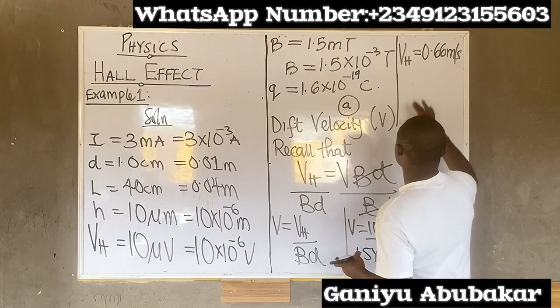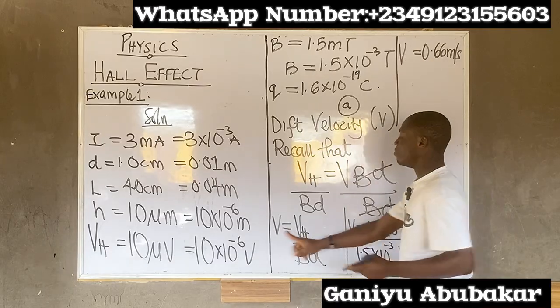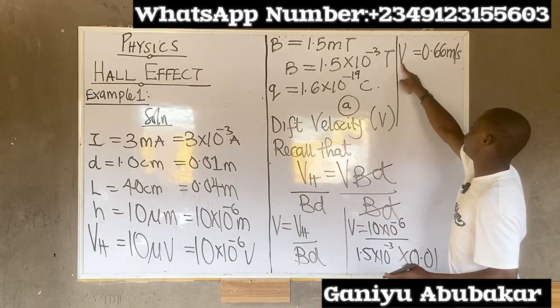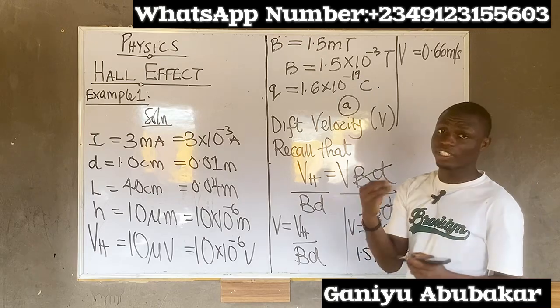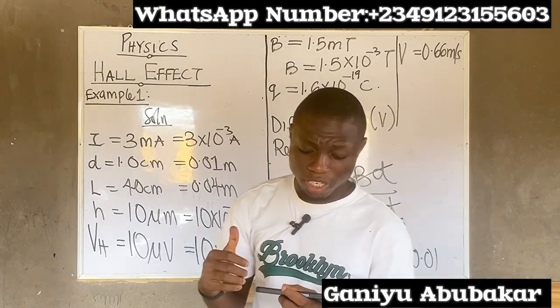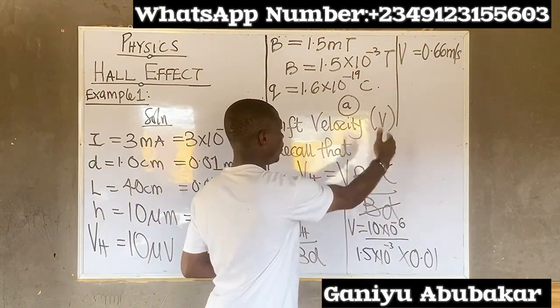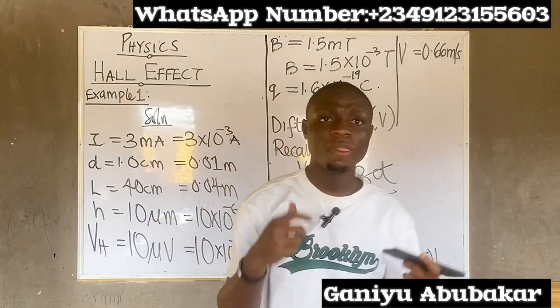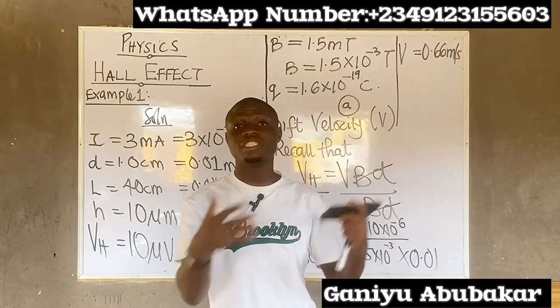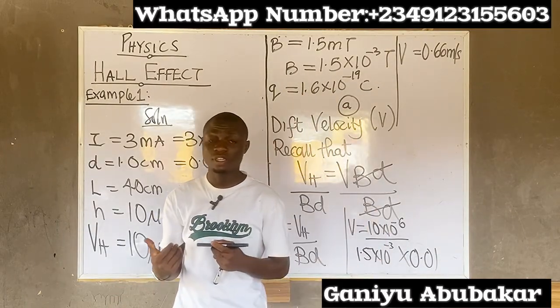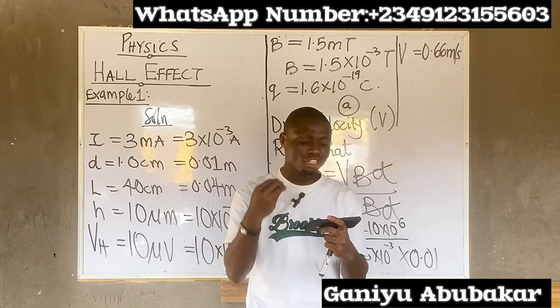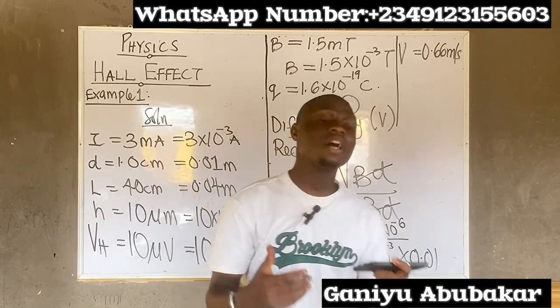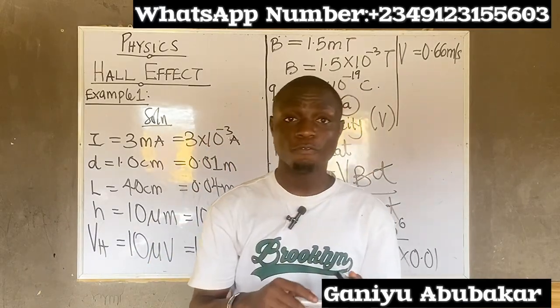Sorry, not VH, please, it's v. I'm asked to find v. So velocity is in meter per second. So I have 0.066 meter per second as the value for the velocity we have to find. That's the drift velocity. Last part says to find the number of charge carriers per unit volume.